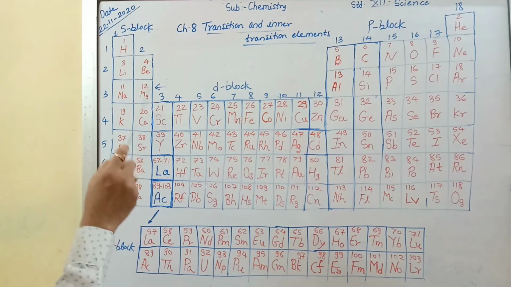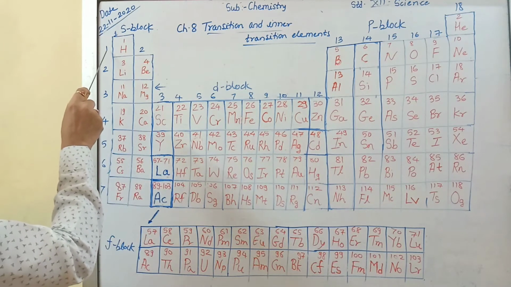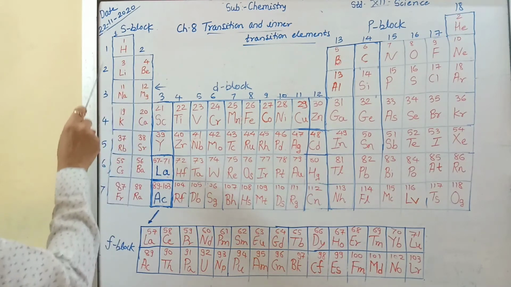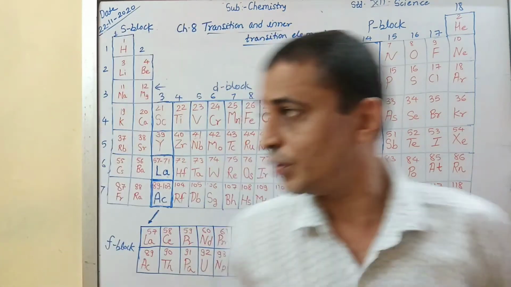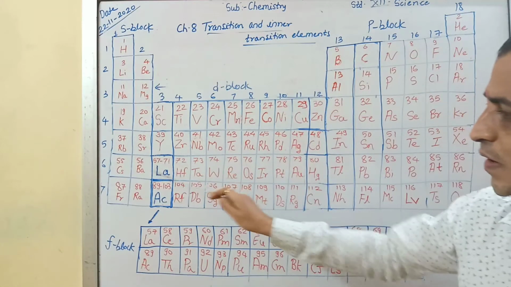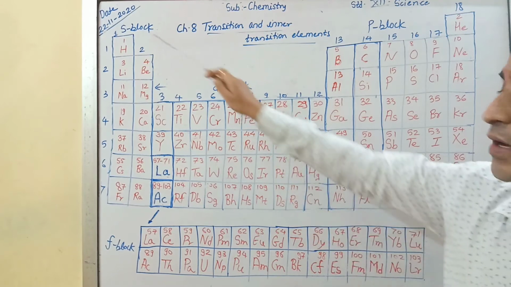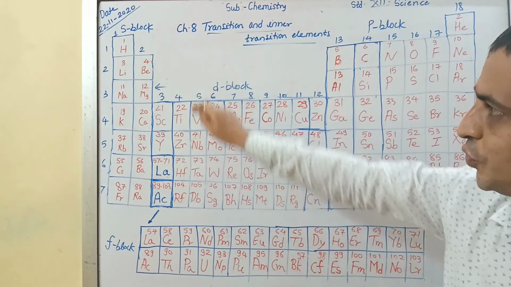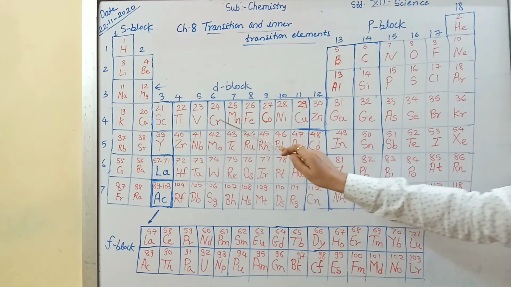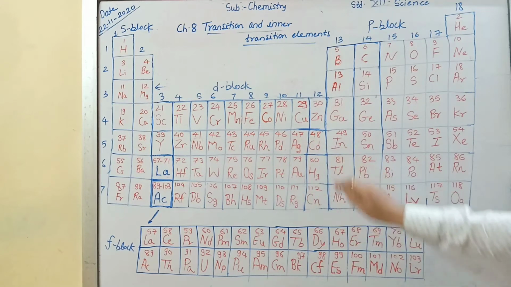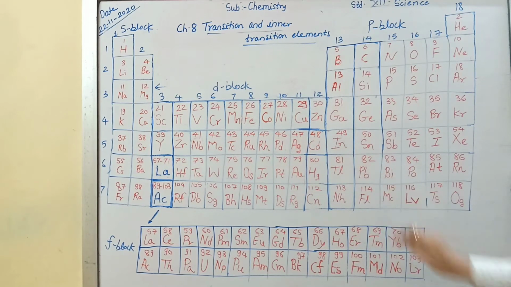Look at the table properly. See, this table has 7 periods, meaning 7 horizontal rows: 1, 2, 3, 4, 5, 6, 7. Similarly, there are 18 columns: 1, 2, 3, up to 18. These are called groups.